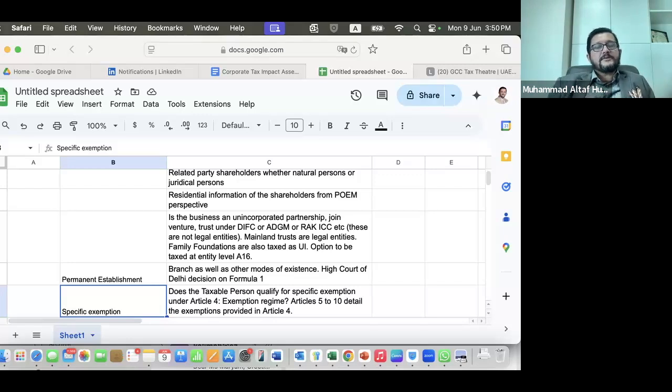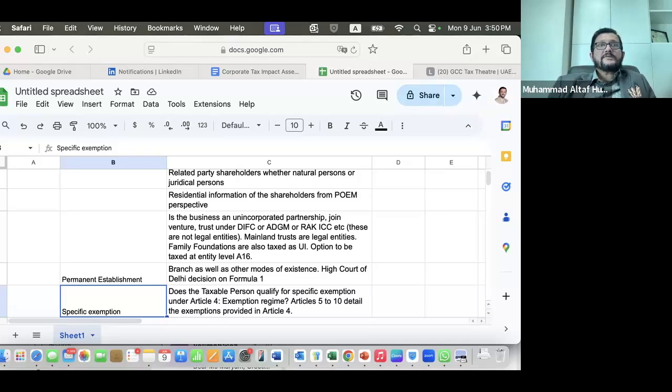They have given a separate status. They use the word permanent establishment itself without mentioning any trade license. So they acknowledge the possibility of a permanent establishment being there in Saudi Arabia without a trade license.